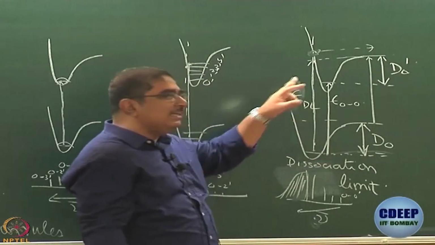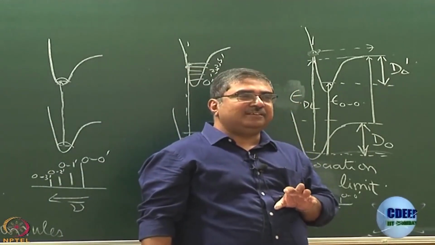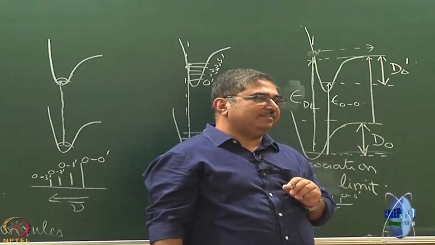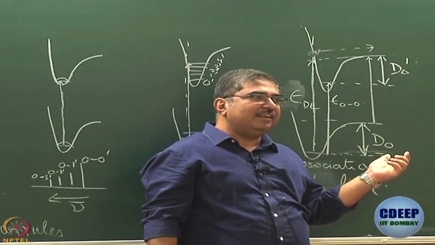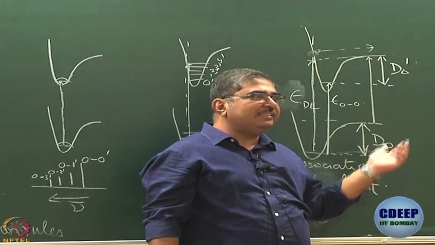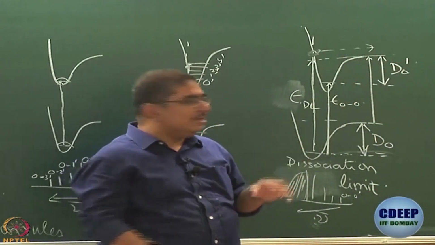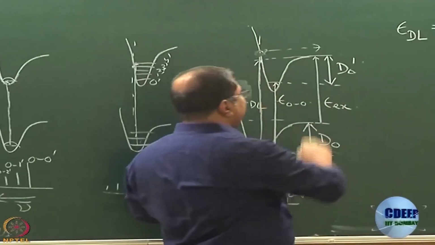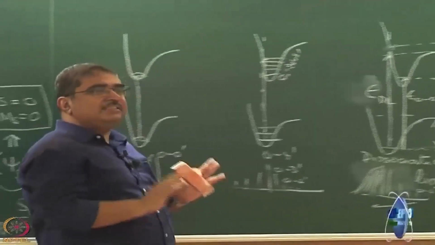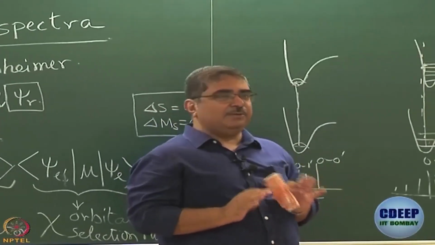So this is something that you can actually measure using, say, calorimetric measurements. What you do is you take the atoms and see what their excited state is. You can get it even thermochemically. So this epsilon Ex is something that you can measure directly and accurately.